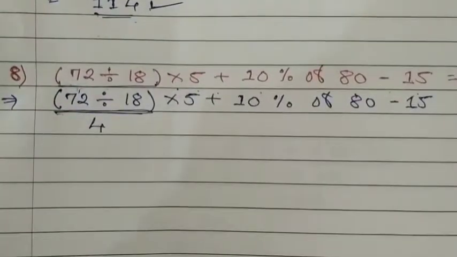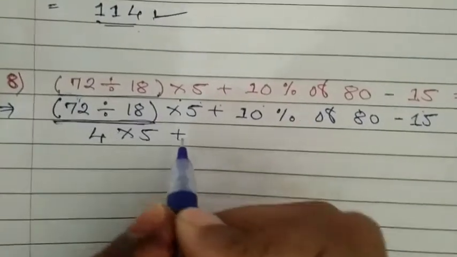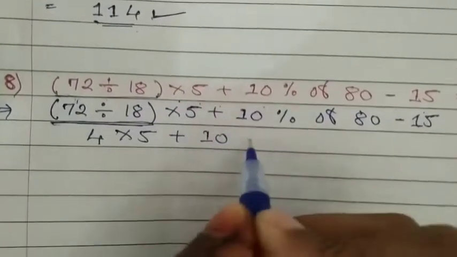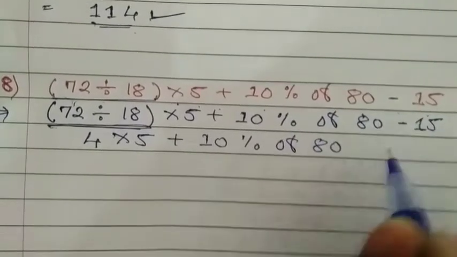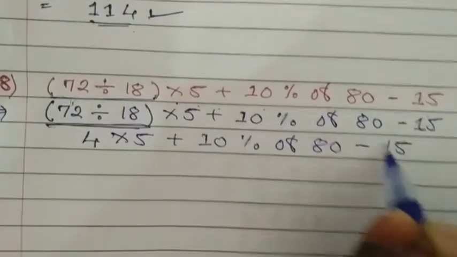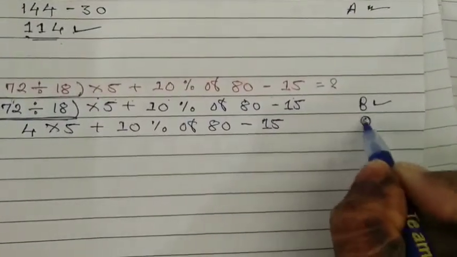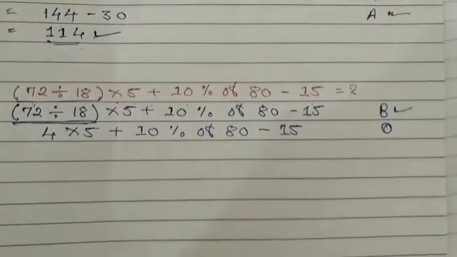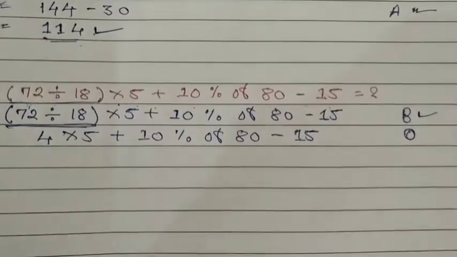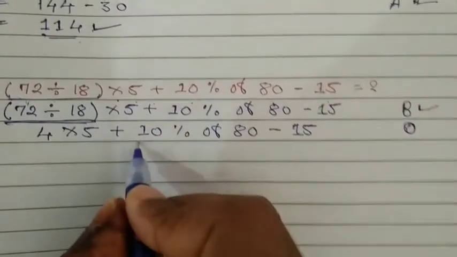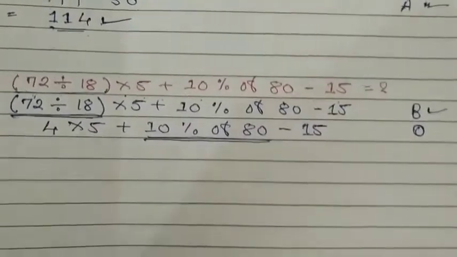4 multiplied by 5 plus 10% of 80 minus 15. So bracket solved. Then O stands for of. Is there a present "of"? Yes, 10% of 80.